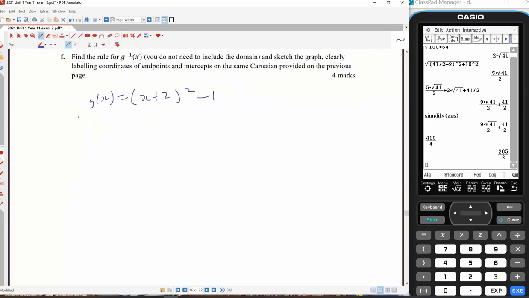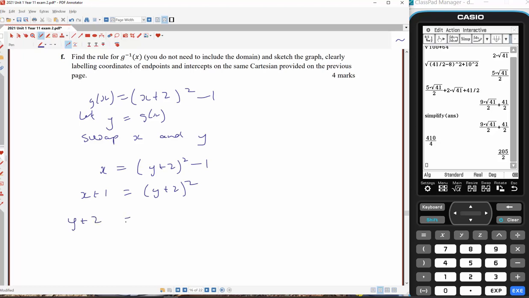So if y is g of x, then x goes in place of g of x: x equals y plus 2 all squared, take 1. x plus 1 equals y plus 2 all squared. y plus 2 equals plus or minus root of x plus 1. y equals plus or minus root of x plus 1, take 2.